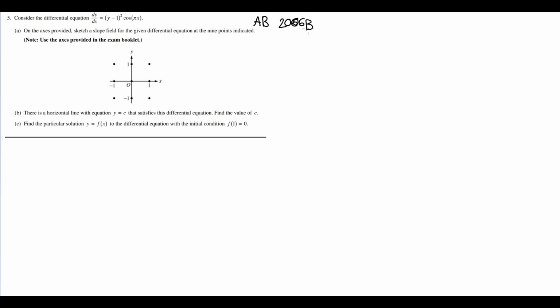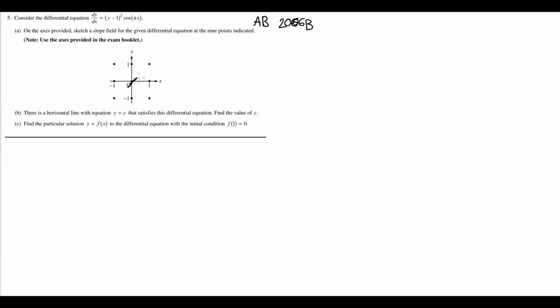At (0, 0), we have 0 minus 1 is negative 1, squared is positive 1, so we have 1 times cosine of 0. Cosine of 0 is 1, so we have a slope of 1.